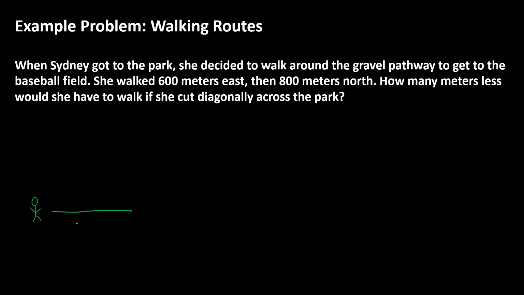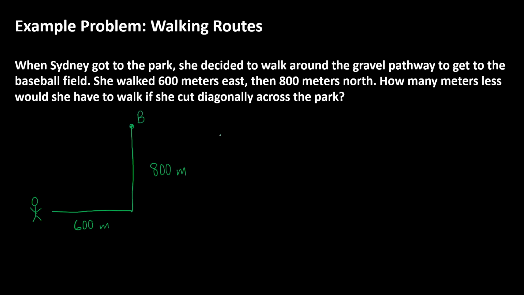So this is 600 meters east. And then from there, she says she walked 800 meters north. So a little bit longer than before. 800 meters. And this is where the baseball field is. I'll call that point B. This is the baseball field.